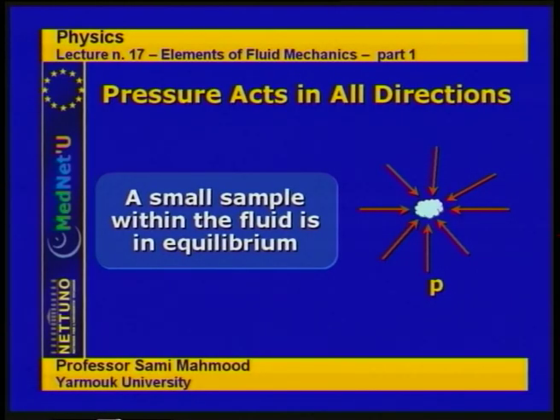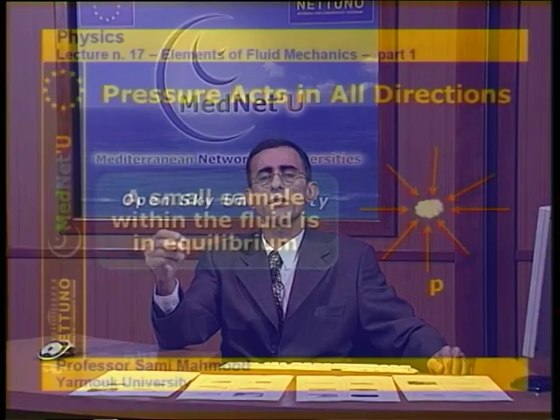One might be interested in the question that if we have, for example, an object, a fish, let's say, in the sea, at a given position inside the fluid, what is the pressure that acts on that fish? The pressure is given by the previous equation, P naught plus rho gh, where h is the depth of the fish below the surface, and in which direction is that pressure exerted on the fish?